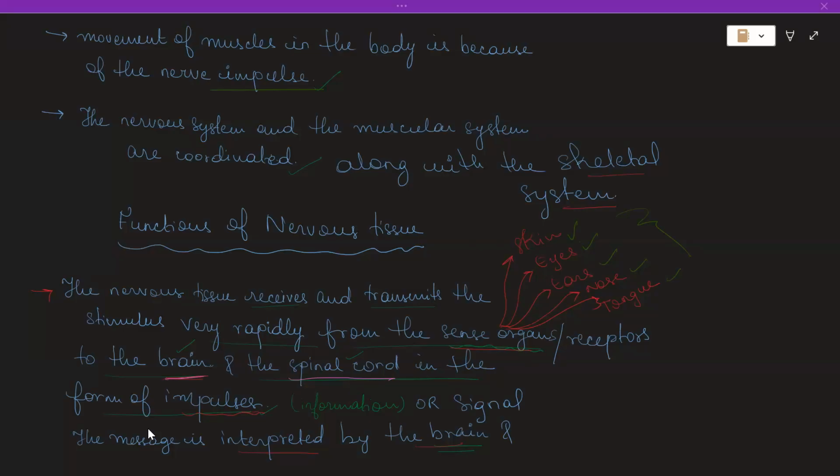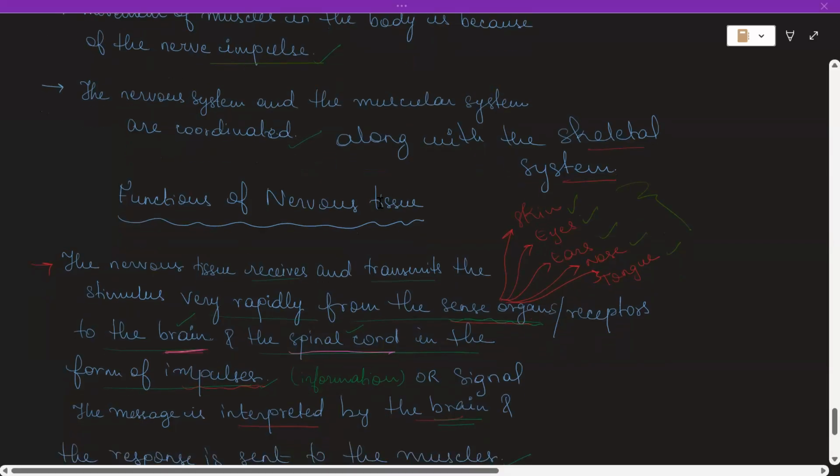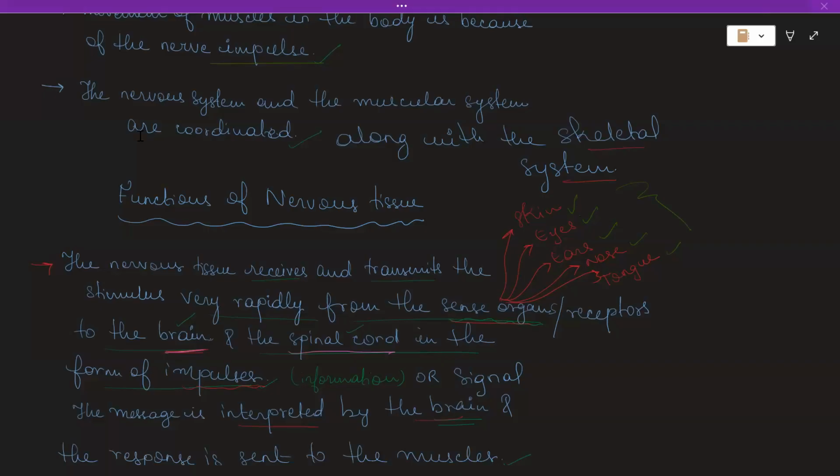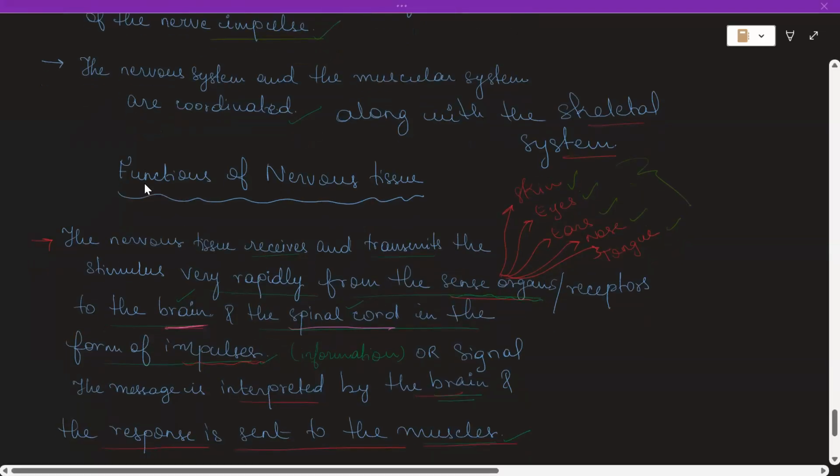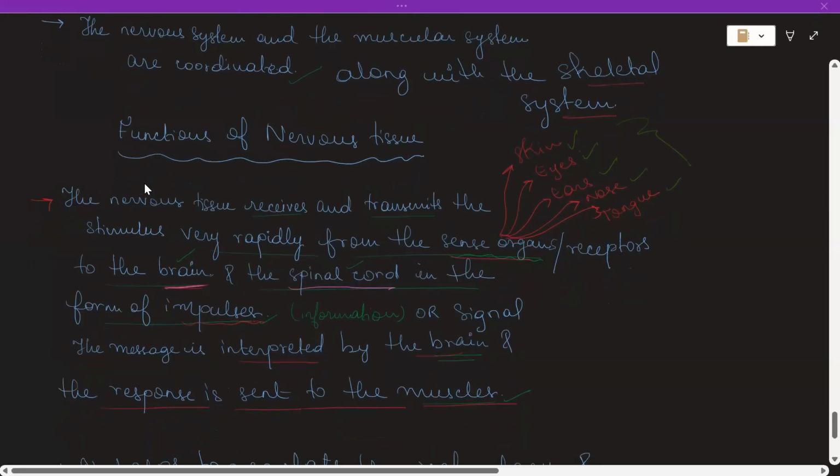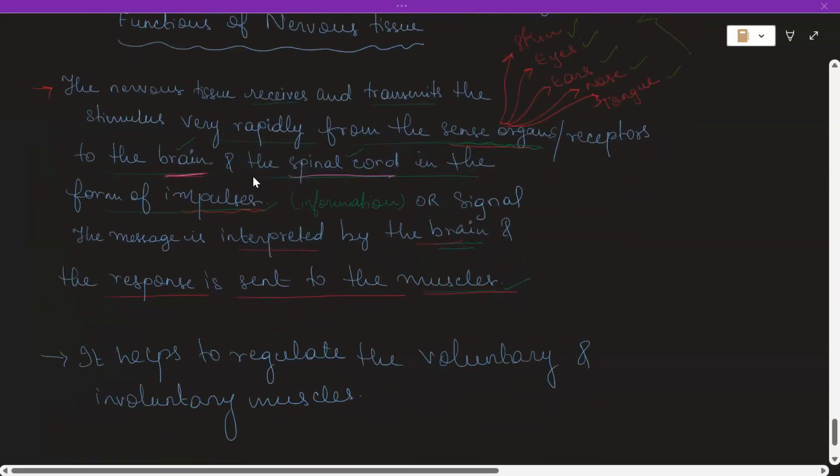Ma'am, can you go now? Suleiman, are you done with everything before the functions of nervous tissue part? No, ma'am. Writing the functions of nervous tissue. And first before that point, everything is done, na? Yeah, ma'am.